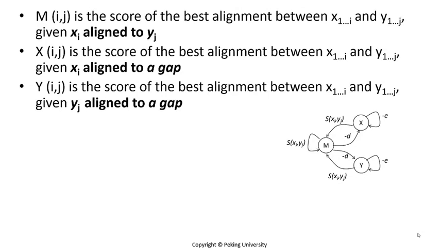M(i,j) stands for the score of the best alignment between the subsequence of sequence X from the first base to the i-th base, and the subsequence of sequence Y from the first base to the j-th base, with xi aligned to yj. X(i,j) or Y(i,j) stands for the score of the best alignment between the same subsequences when xi or yj is aligned to a gap.